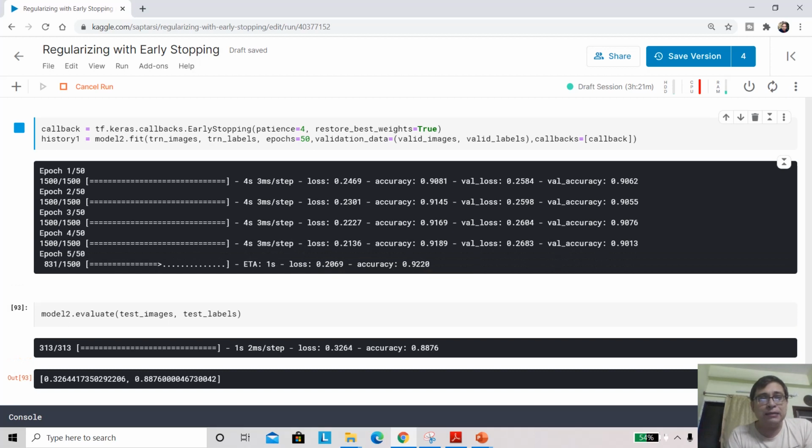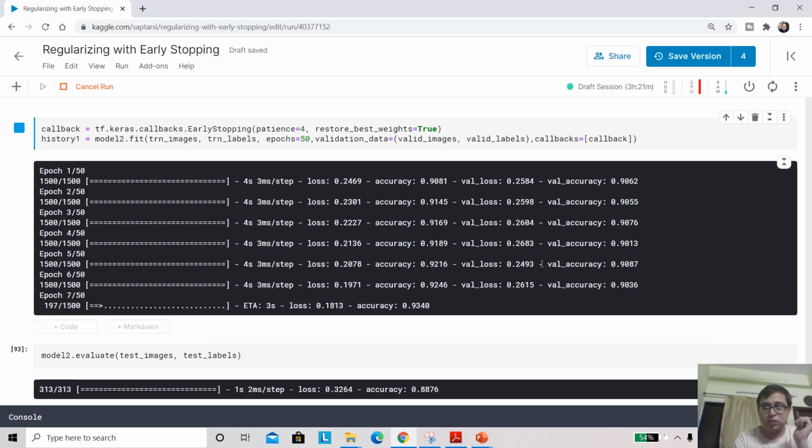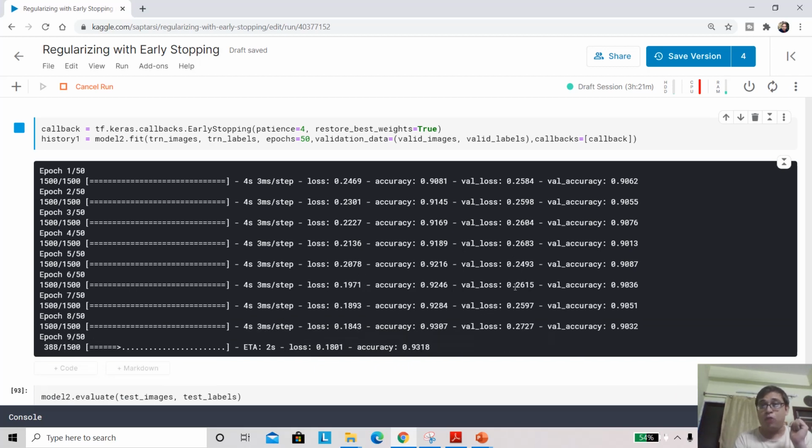From epoch to epoch, though the accuracy is increasing and loss is going down on the training set, on the validation set it is not always going down. Here the loss has gone down, but then it has increased.